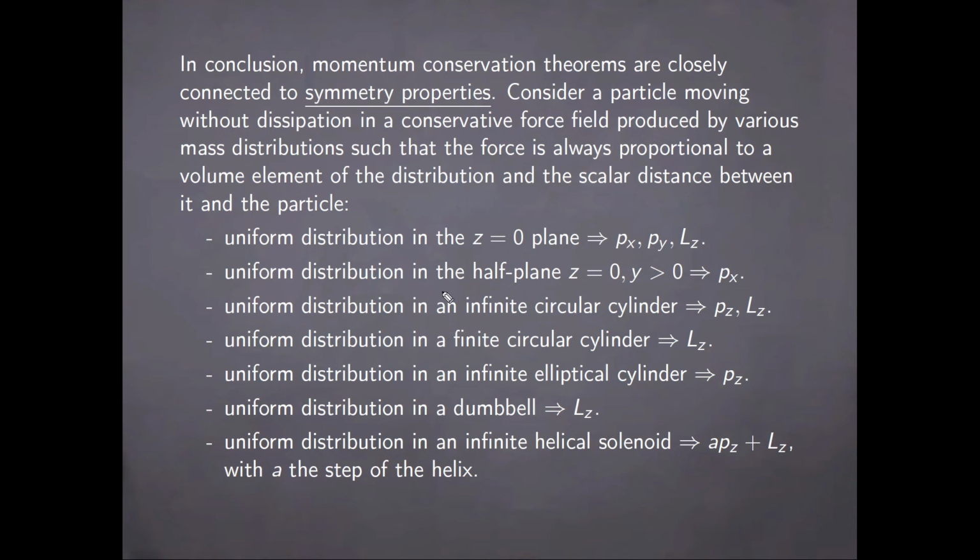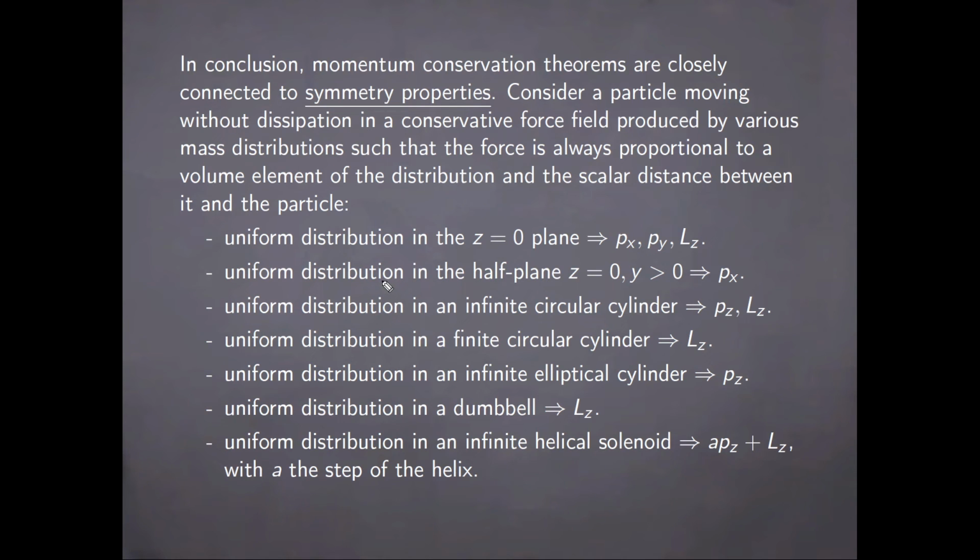In the case of a uniform distribution in the half plane given by z equals 0 and y greater than 0, we can only preserve symmetry by moving in the x direction. If we were to move in the y or z directions, we would break symmetry, as would be the case if we tried to rotate about any given axis.